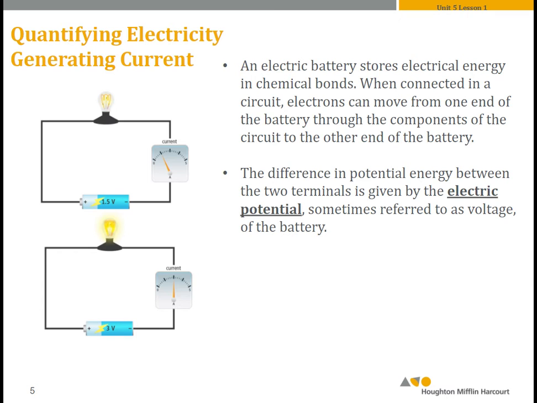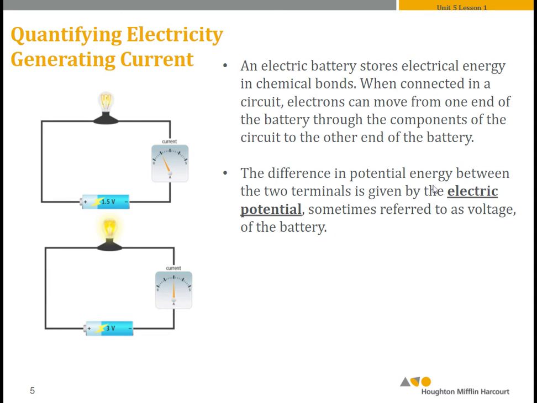We have a certain amount of potential energy on one terminal of the battery and a different amount of electric potential energy on the other end of the battery. The difference between the potential energy on the different terminals of the battery is called the electric potential. We also refer to it as voltage.